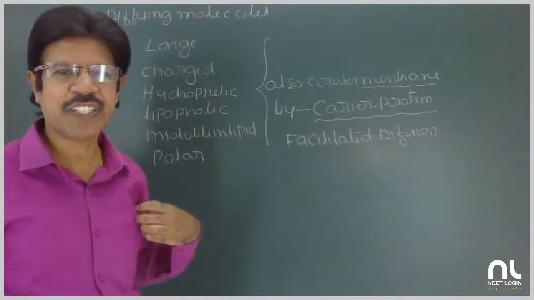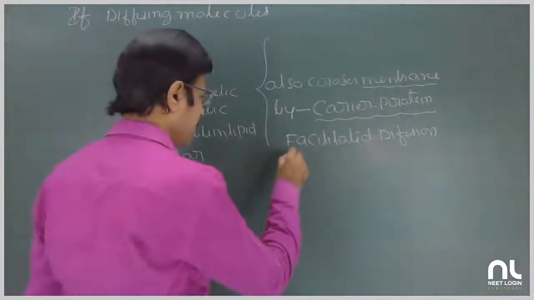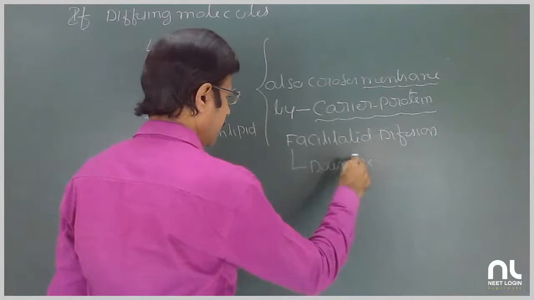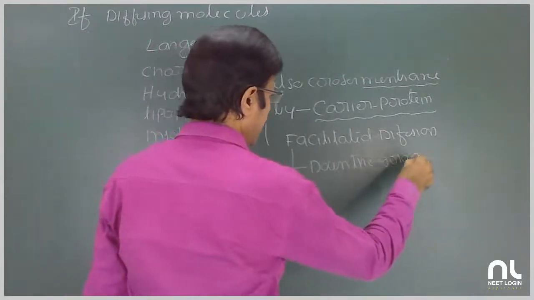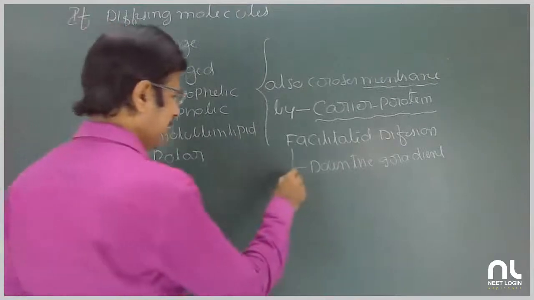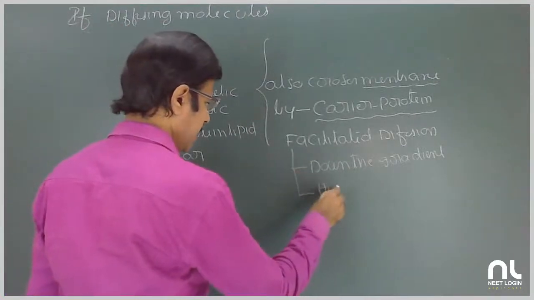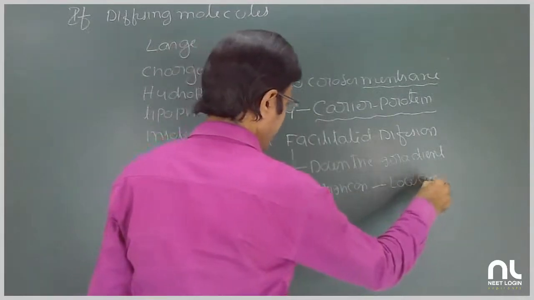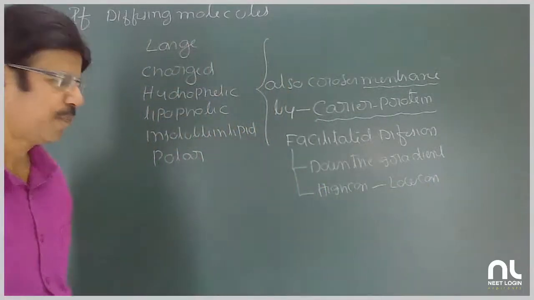So facilitated diffusion is also a passive process because it is also down the concentration gradient, from high concentration to low concentration.